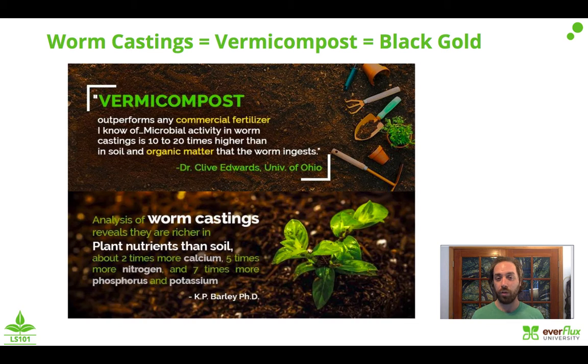However, the other thing that's really great about worm castings is that they are teeming with microbial life, with bacteria and fungi. So it's not just the nutrients that you get with the vermicompost, it's also all that microbial life too. And this is why earlier we recommended getting local worm castings, or really what we were talking about was fresh worm castings. Because worm castings that are in a bag, they've probably been filtered and screened and homogenized, so a lot of the bigger chunks have been taken out, and they've honestly probably lost a lot of the beneficial microbial life.